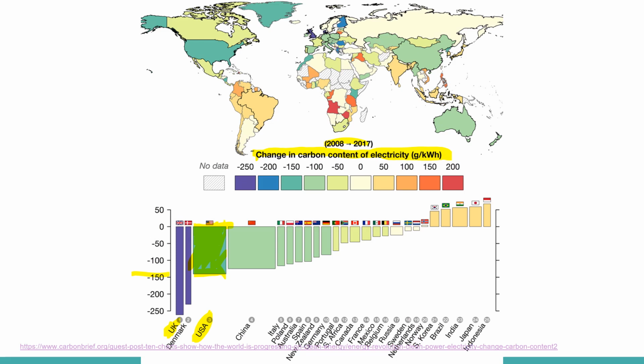United States and China reduced that, the carbon emission per kilogram. So this is per kilogram, the carbon emission in grams per kilowatt hour. So both of those countries were very successful. Other countries were not that successful. So Germany, for example, was not as successful as China or United States in doing that.